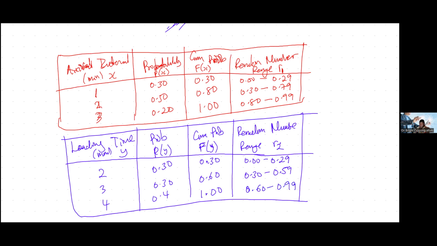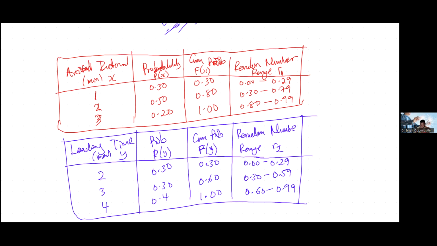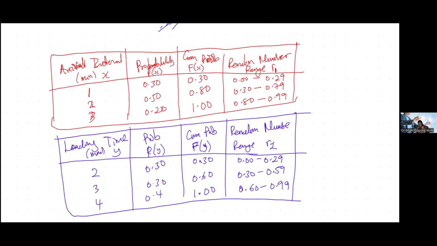All right, so then we have this table. Our first input data was, we only knew the arrival interval and the loading time, and we have used that to develop the probabilities, then the cumulative probability function, and then the random number.